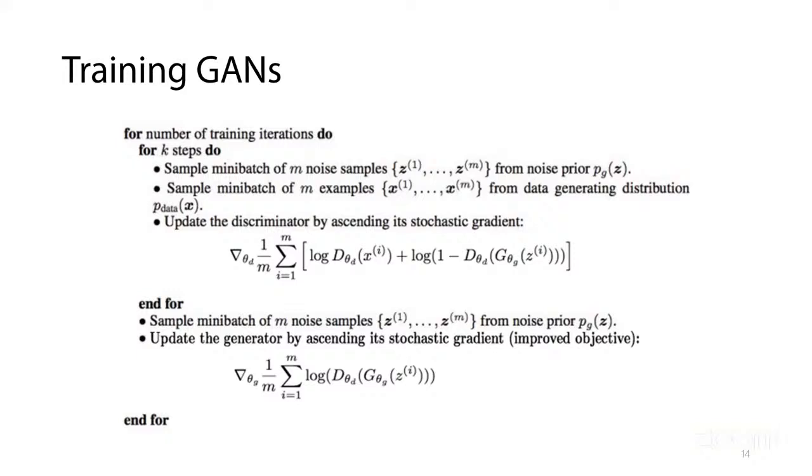But in the actual training, there's no guarantee that this is going to converge. And that's why GANs are notoriously difficult to train. You may have noticed that in the first part of the training, the discriminator training part, there's a for loop over here. So actually the discriminator gets updated multiple times, K steps.